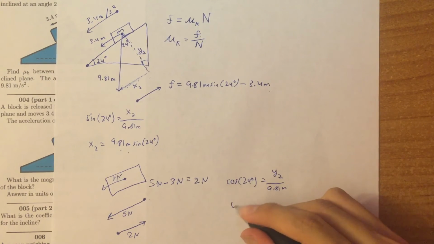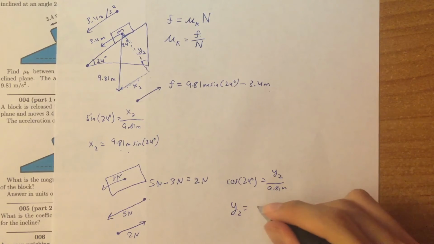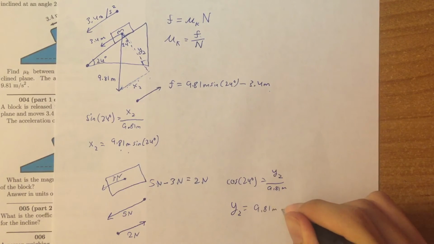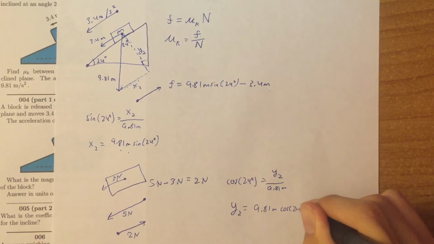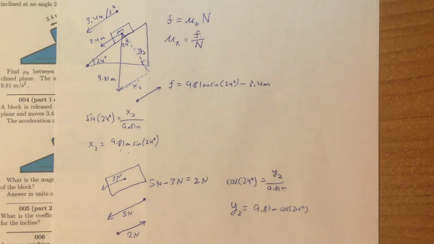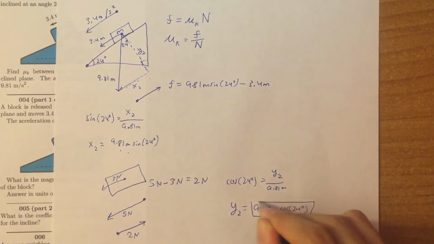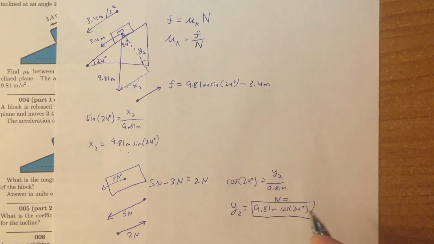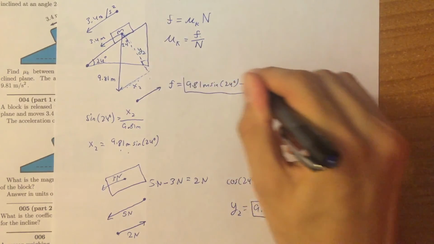So the y2 force is equal to 9.81 times mass times cosine of 24 degrees. And this is our normal force. This is our frictional force.